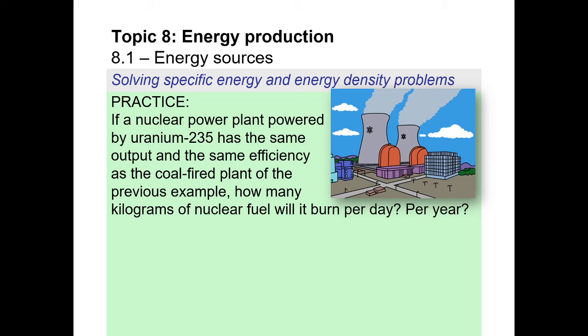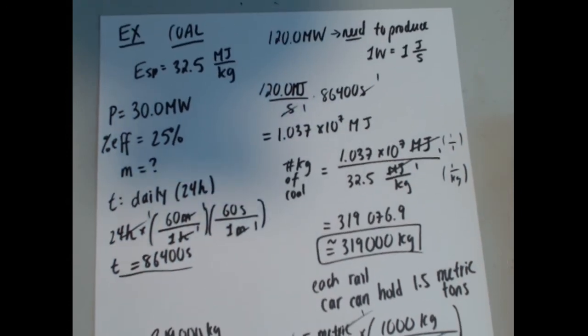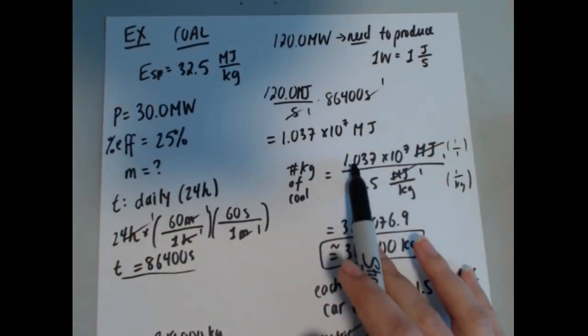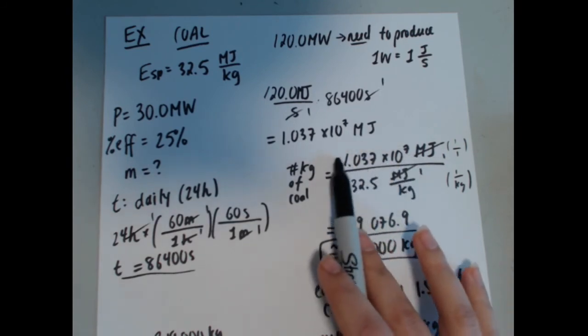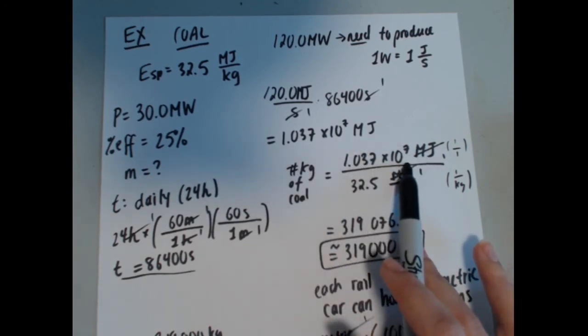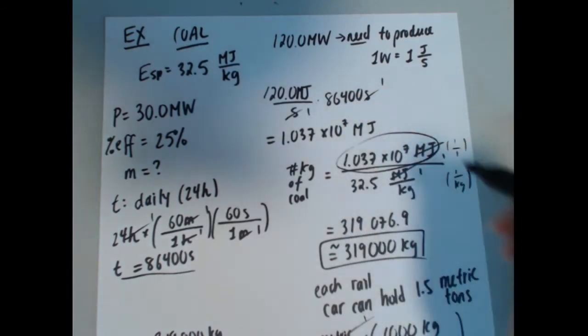So let's go back to our paper here. What we found from the first example is that the power plant has to produce this much energy. However it produces it, whether it's coal, nuclear, wind, solar, it has to make 1.037 times 10 to the 7 megajoules of energy so that the city can run.